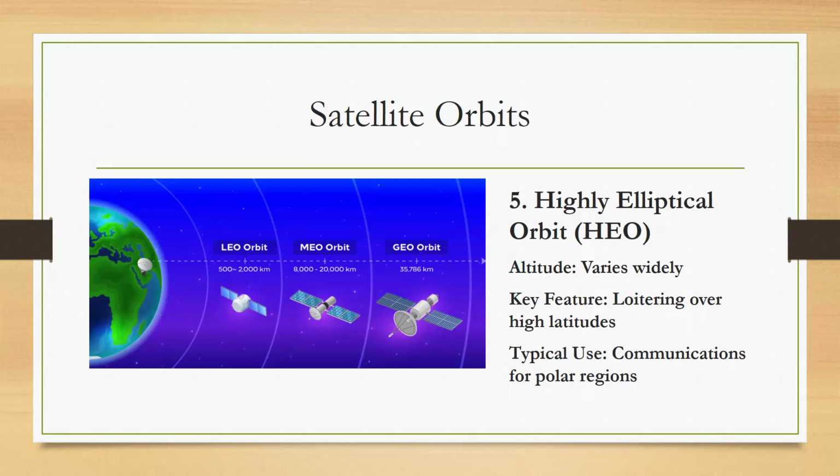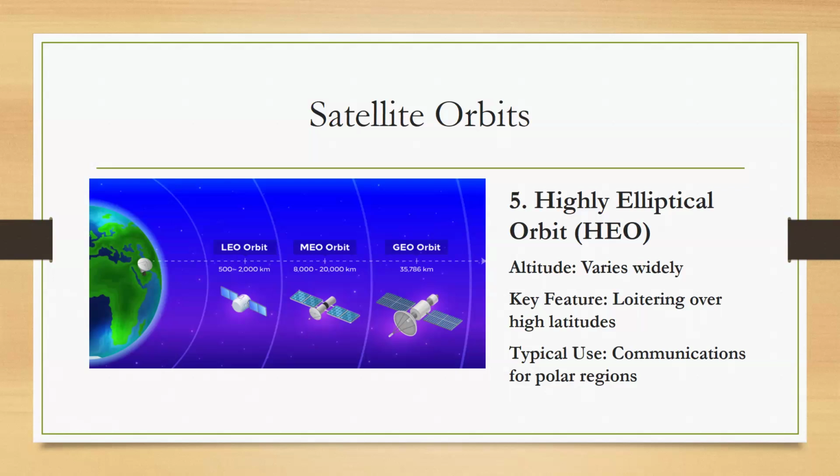They were also applied by the Russians during one of those wars, where they were using it to observe a particular location. They wanted the satellite to spend more time observing certain regions, and then they put those satellites in those kind of orbits so that they spend so much time there.